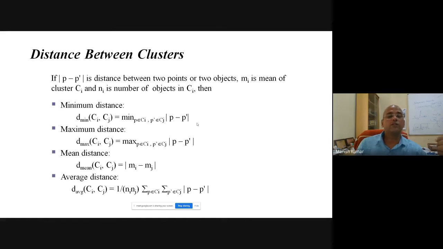Whereas in maximum distance, we look for the maximum distance between two points of the two different clusters. That is referred to as the maximum distance between the clusters. Similarly, we look for mean and average.